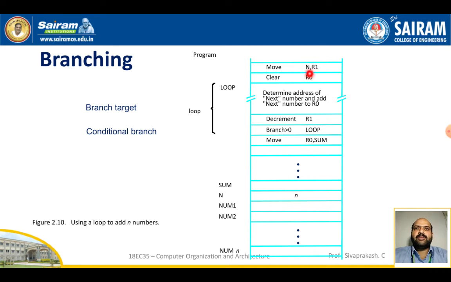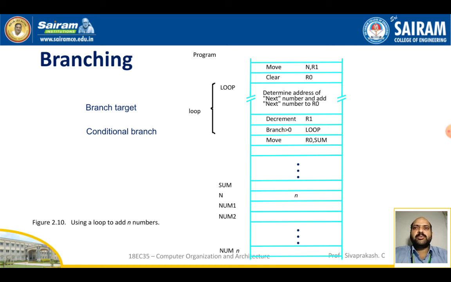The content of n is loaded into register R1 at the beginning of the program, using the instruction Move n, R1. The loop is a straight line sequence of instructions executed as many times as needed. The loop starts at the location LOOP and ends with the instruction Branch greater than 0.